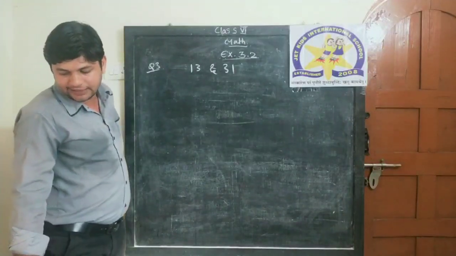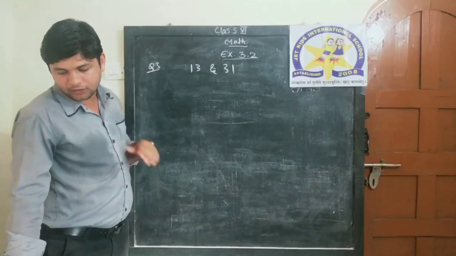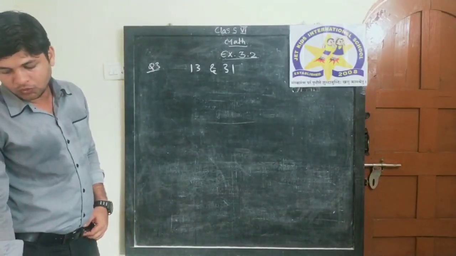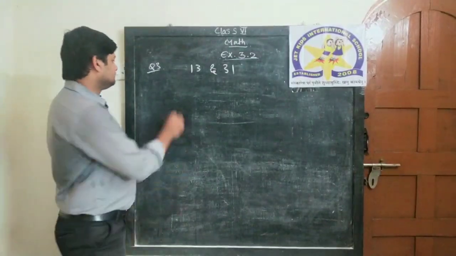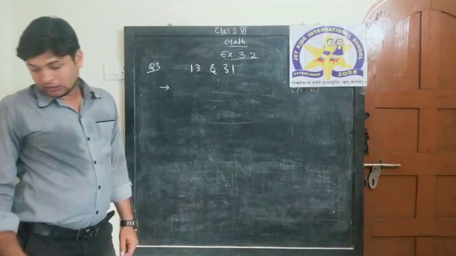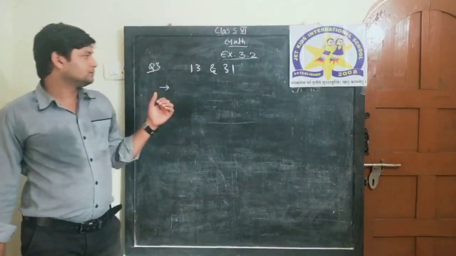Clear? Both these numbers have the same digits, 1 and 3. Find such pairs of prime numbers up to 100 only, it is given.